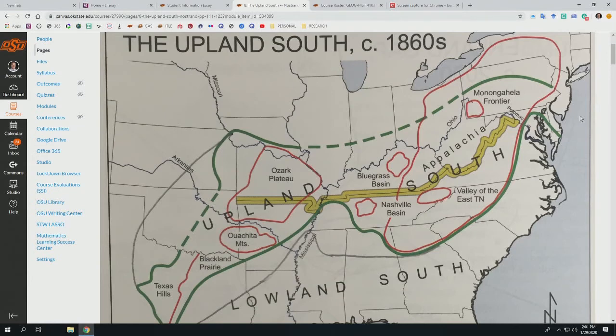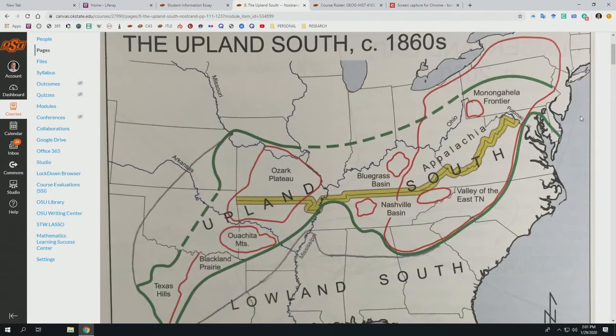Okay? But the bluegrass, of course, was over here, and there was obviously the Ohio River right here. So the Bluegrass Basin became the first major agricultural production area that was dependent on the Ohio River.